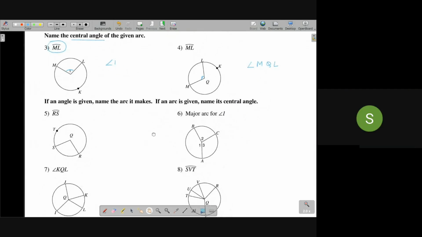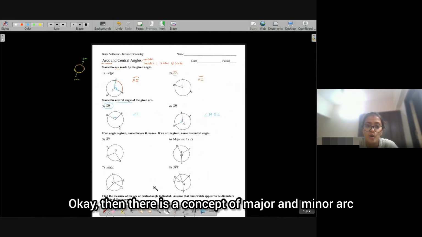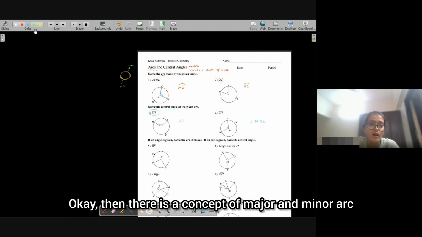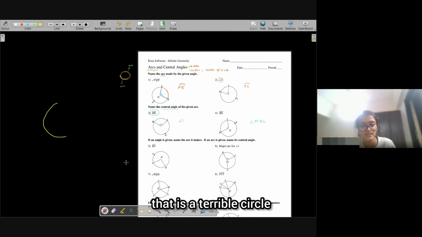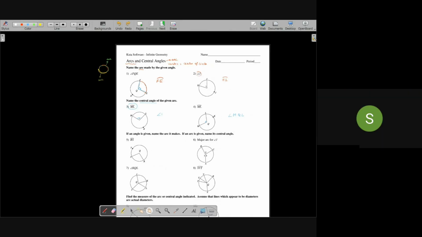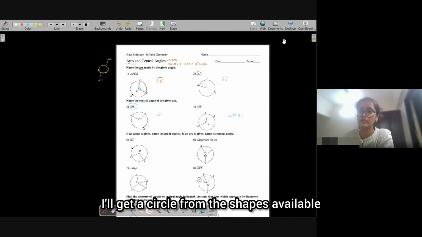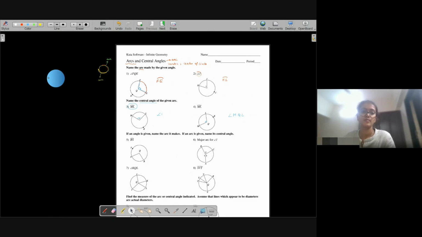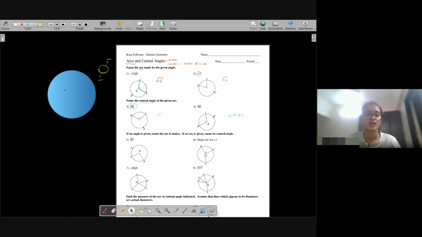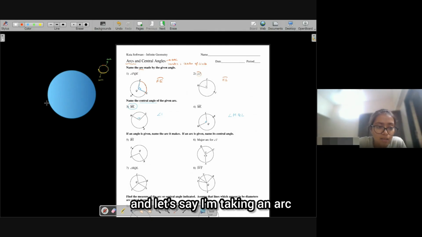Then there is a concept of major and minor arcs. So let's say you have a circle. I'll get a circle from the shapes available. So this is a circle, and let's say I'm taking an arc.